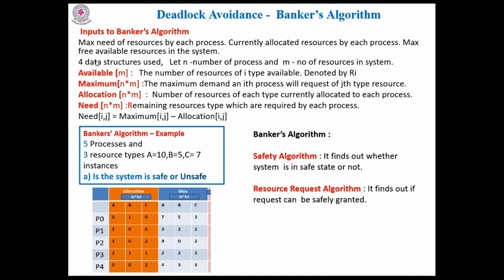In this algorithm, we are using 4 data structures. One is available, second is maximum, third is allocation, fourth is need. How to remember these 4? Let us take a real world example. Suppose I have 1000 rupees with me, 1000 rupees available.